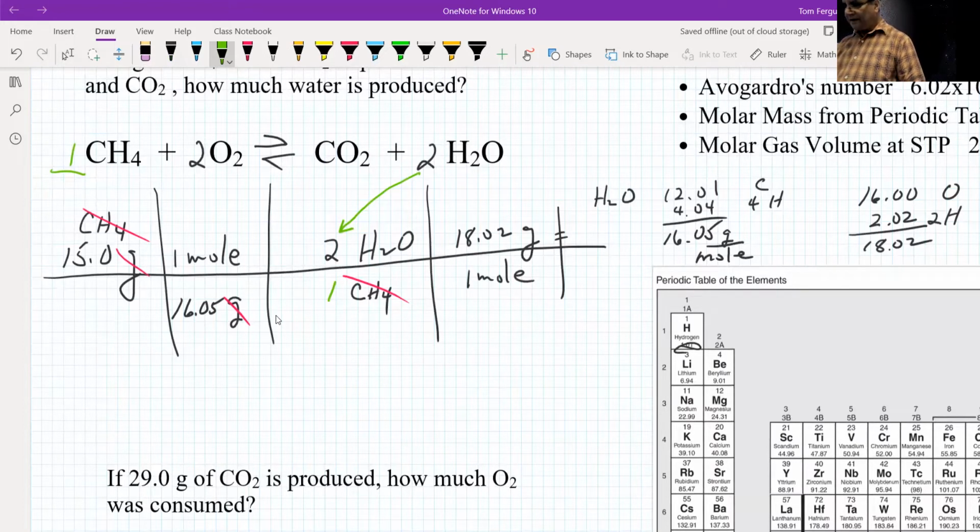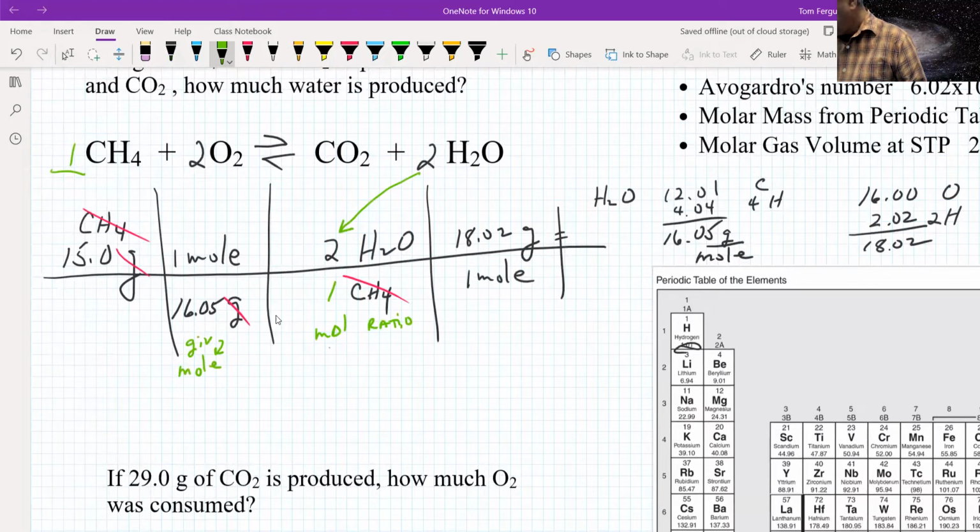So these are the 3 steps. You're going to have a given converted to a mole, step number 1. Step number 2 is the mole ratio from the balanced equation.